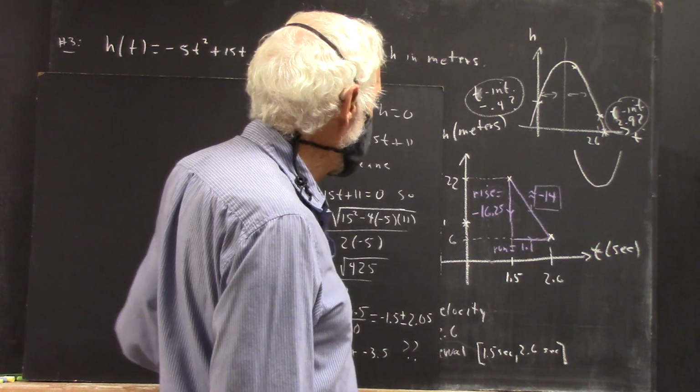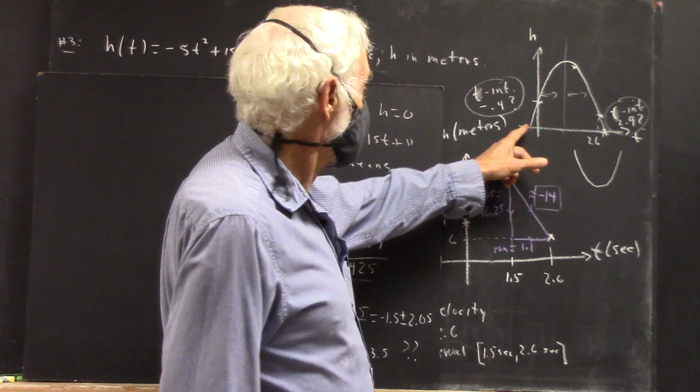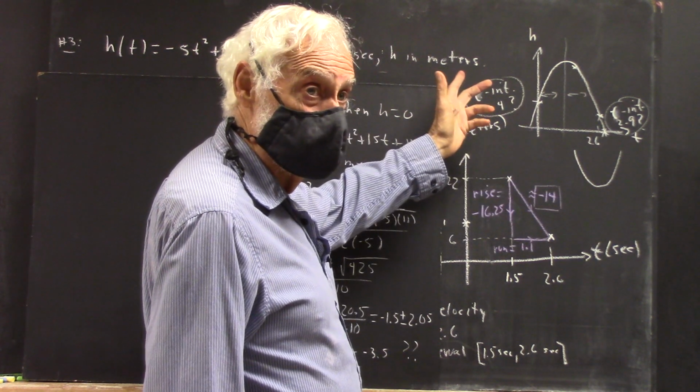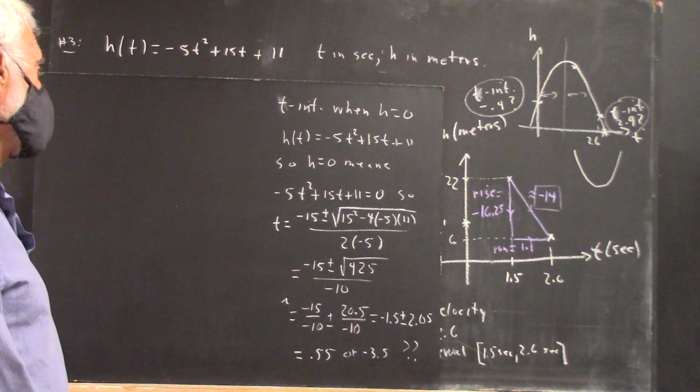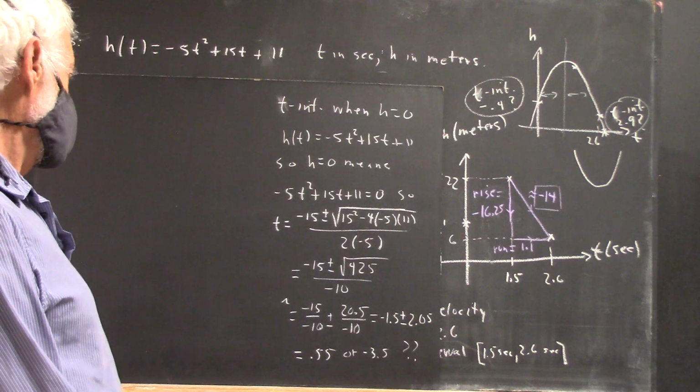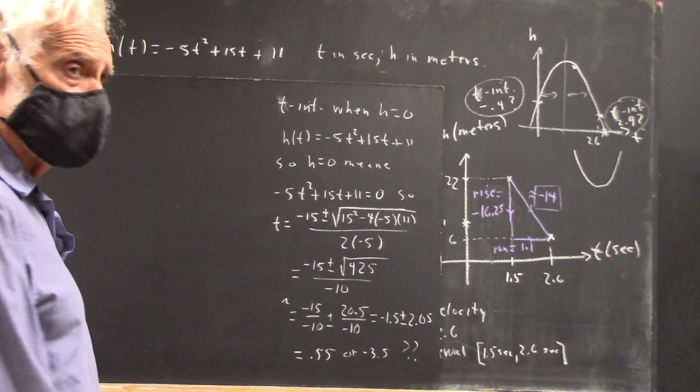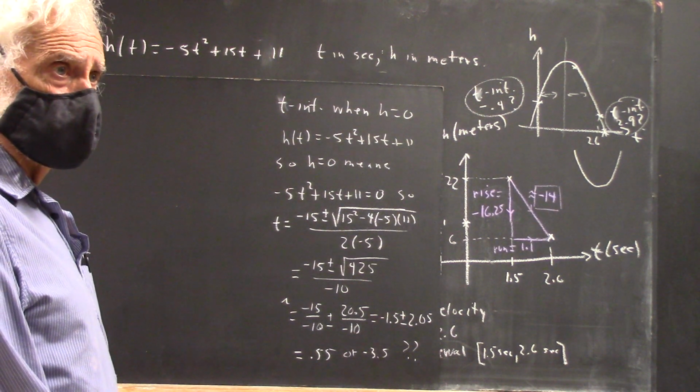Now, if the 0.55 was negative, that would agree with the negative 0.4, right? So something's wrong with what I did here. Can you see it? See what I did wrong? I never do anything wrong, so it's hard to see.